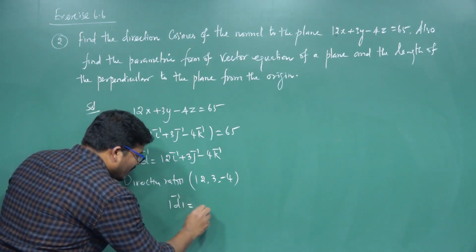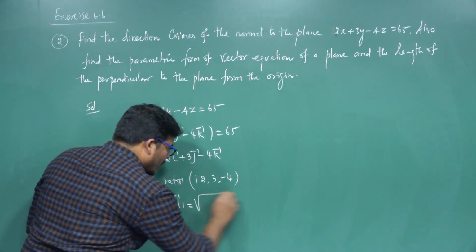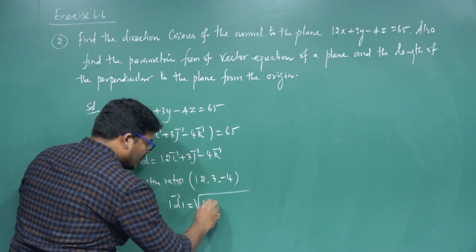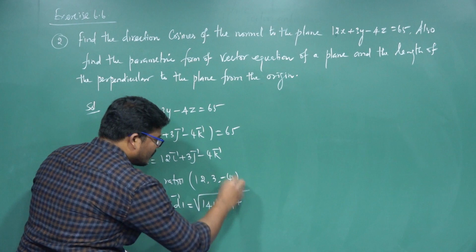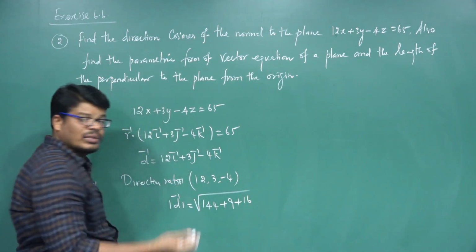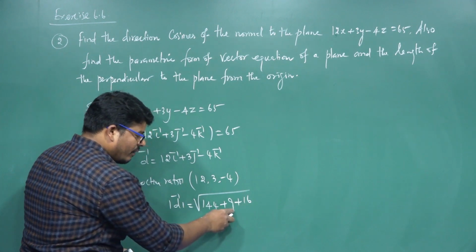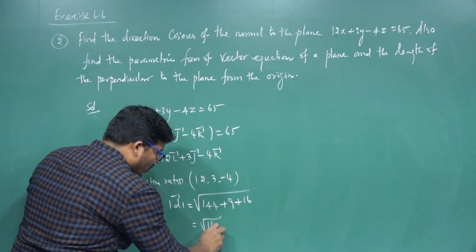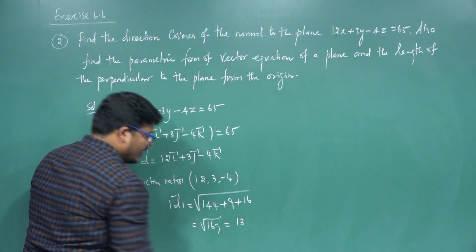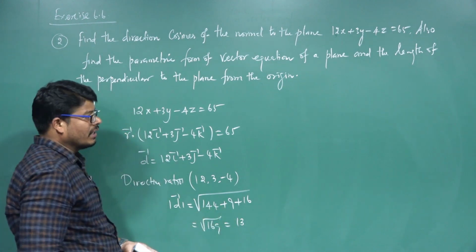Modulus means square root of the sum of squares: 12 square is 144 plus 3 square is 9 plus minus 4 square is 16. Adding, 16 plus 9 is 25, plus 144, root of 169 equal to 13. The modulus of d vector is 13.